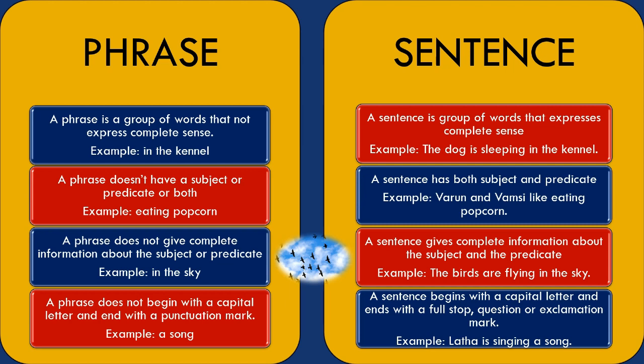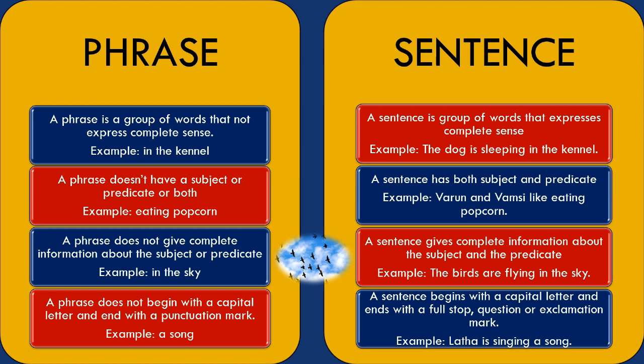The birds are flying in the sky. So, in the sky is a phrase, as there is no complete information given there, whereas the birds are flying in the sky is a sentence giving complete information. So it is a sentence.